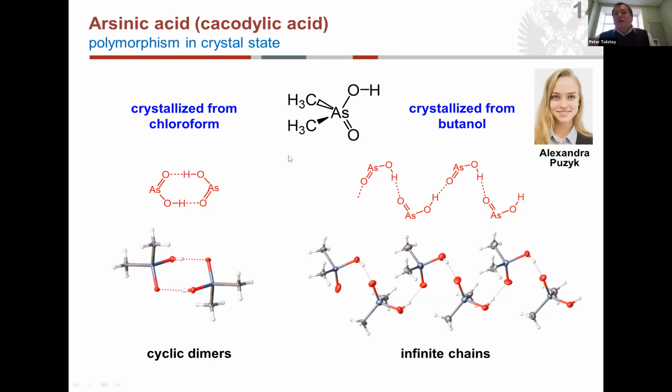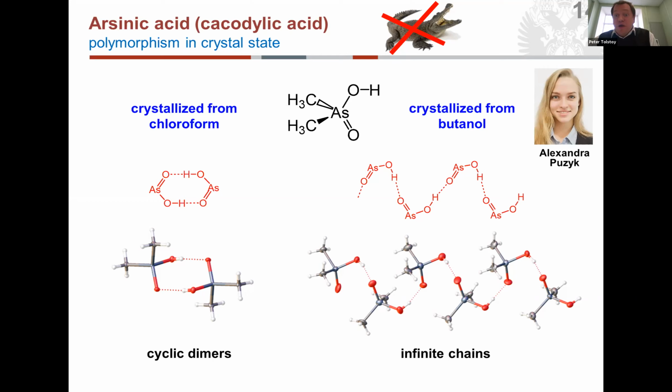I have to mention that it is not crocodilic acid, it is cacodylic acid, and our participants from Greece, I'm not sure if they are online, would confirm that nothing that smells good would be called cacodylic. It comes from the bad smell of many arsenic-containing compounds, cacodyls in general.